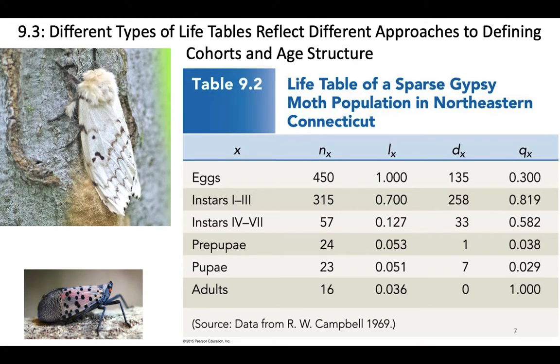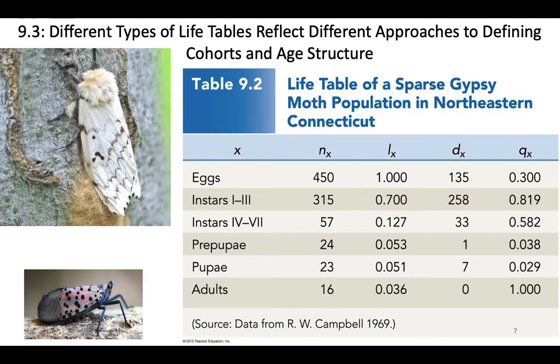Anyway, gypsy moths are an invasive species in the northeastern United States. If you were building a life table of an insect, you would break it into developmental stages rather than year 1, year 2, because they only have a single generation within a year.